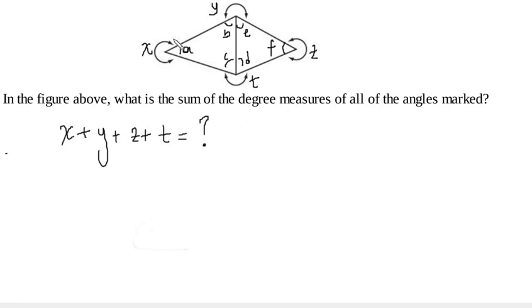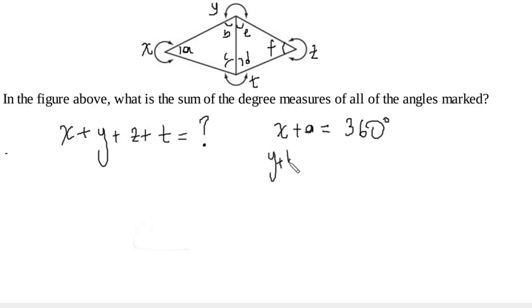Alright, so we know that a complete angle measures 360 degrees. So x plus a is equal to 360 degrees. And y plus b plus e is equal to 360 degrees.